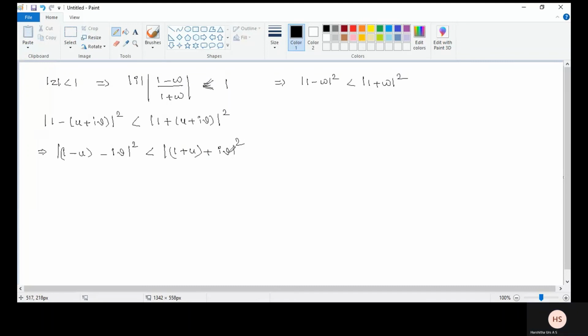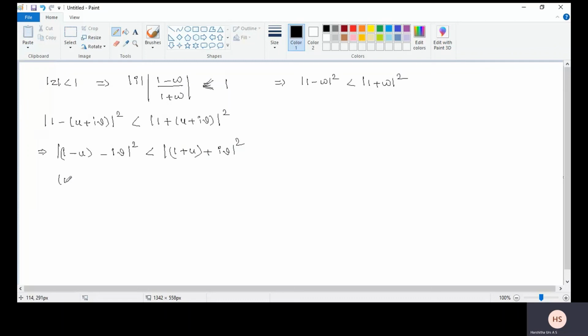Next step here. For this one, what we have to do? We have to remove the mod.